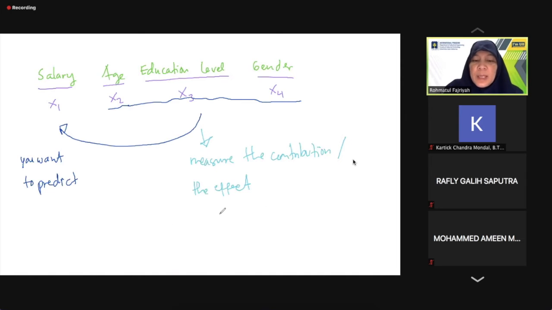So these are the independent variables. And another one in here, maybe I should use a different color.